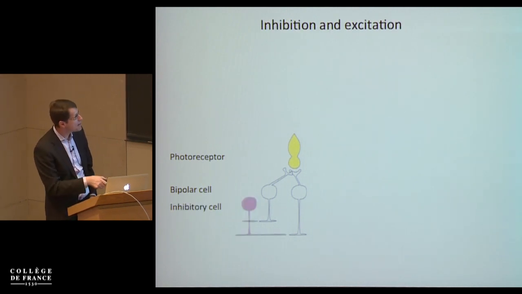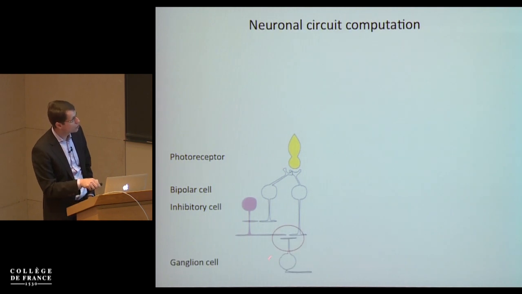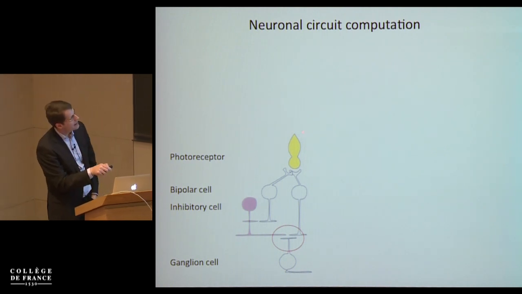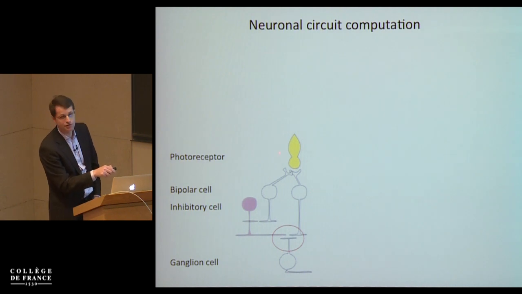And we have these inhibitory neurons that are the computational elements, and finally, a so-called ganglion cell that transfers information to the brain. What is very important here is that you have 3 levels of processing: at the photoreceptors, the bipolar cells, and the ganglion cells.